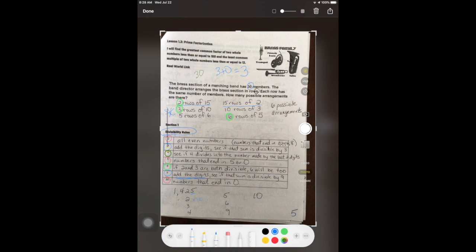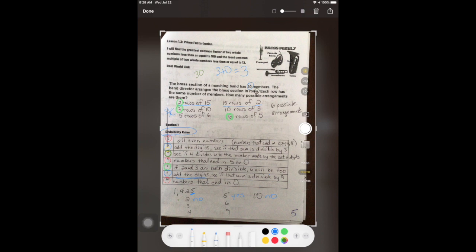Is it even? No, so 2 is not a factor. The 5 rule is, does it end in a 5 or a 0? Well, it ends in a 5, so this is definitely a yes. 5 will divide into that number. If I go to the 10 rule, it's supposed to be numbers that end in 0. Does this end in 0? No, it ends in a 5. So 10 does not divide into 1,425.